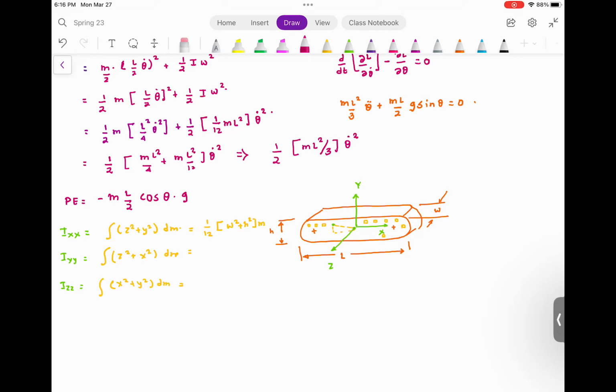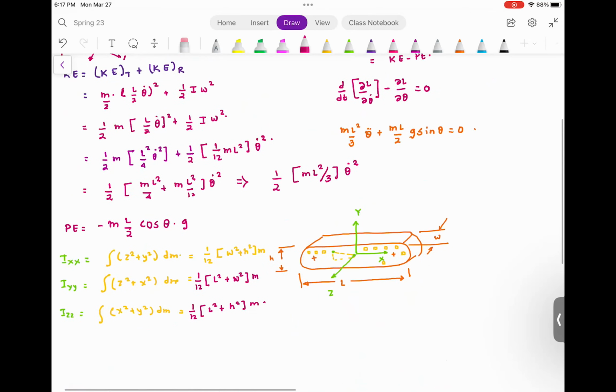Then if I want to perform the same thing about another axis, it will be 1 by 12 times L square plus w square, where z is w square and x is L square. And for x square plus y square, it is L square plus h square. So this is the mass moment of inertia. Everyone understood this? How do we get to 1 by 12?